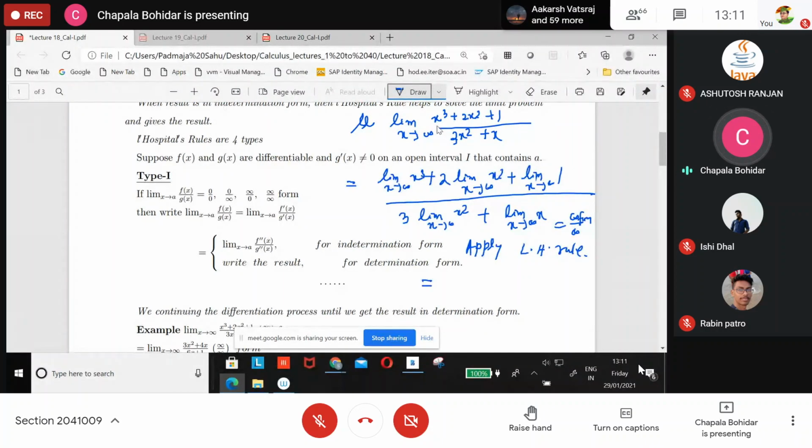It is 3x square plus 4x divided by 6x plus 1. Limit x tends to infinity. Is it infinity by infinity form or not?